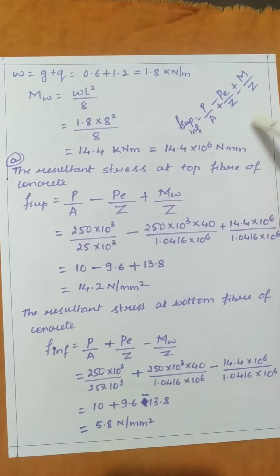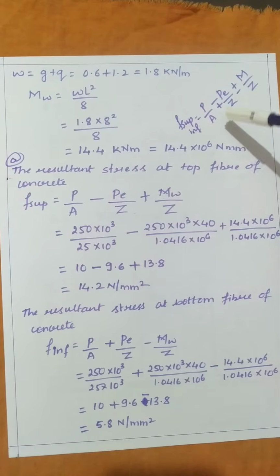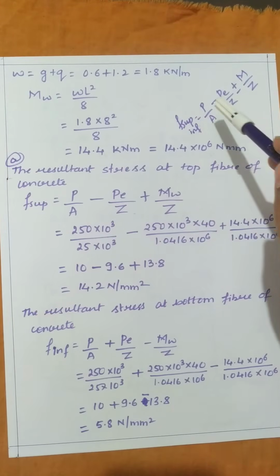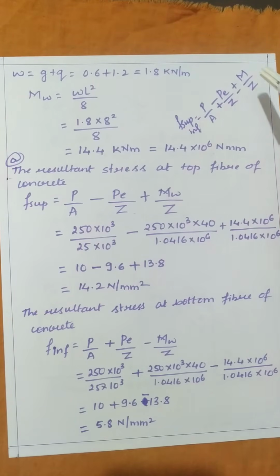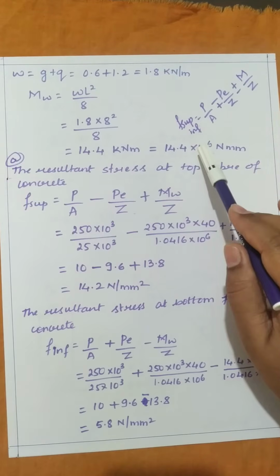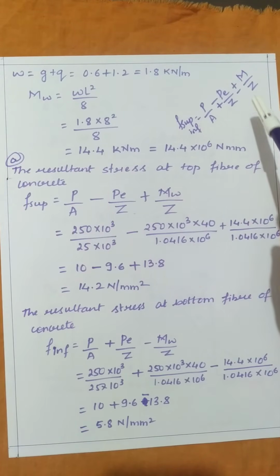I have consolidated it to remember easily: P by A minus plus P by Z plus minus M by Z. That means F superior is P by A minus P by Z plus M by Z, then F inferior is P by A plus P by Z minus M by Z.